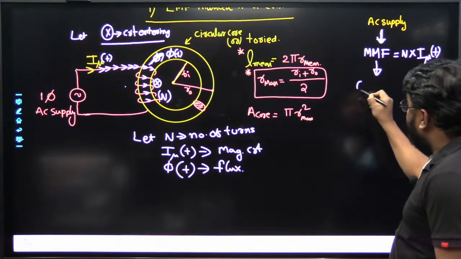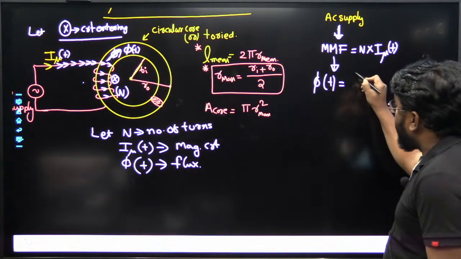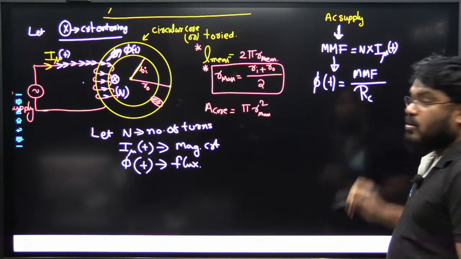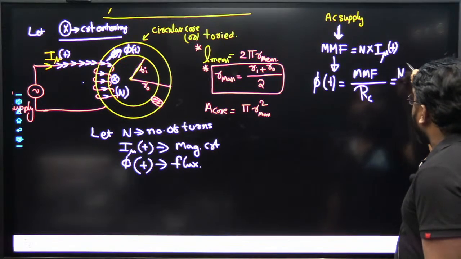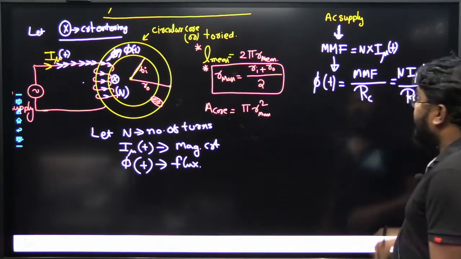After that, flux will be created. The flux is the ratio of MMF divided by the reluctance of the core, which is equal to N times i mu divided by the reluctance of the core.